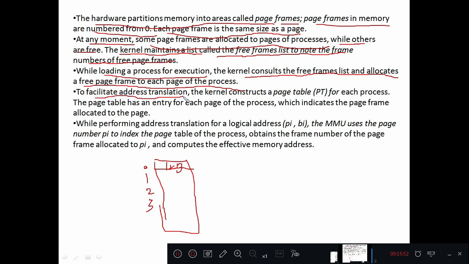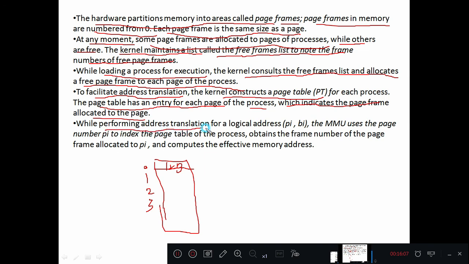To facilitate the address translation, the kernel constructs a page table for each process. The page table has an entry for each page of a process which indicates the page frame allocated to the page, right?